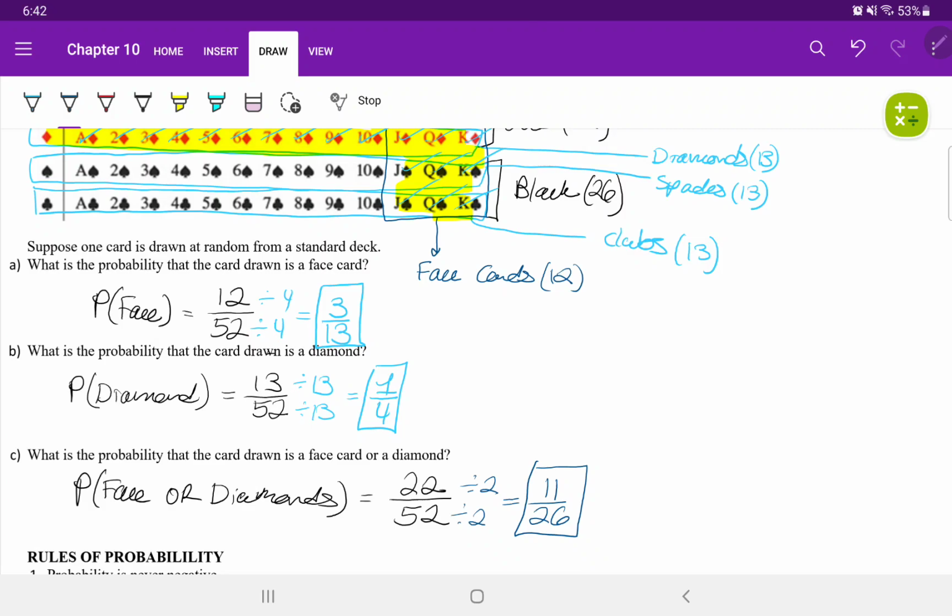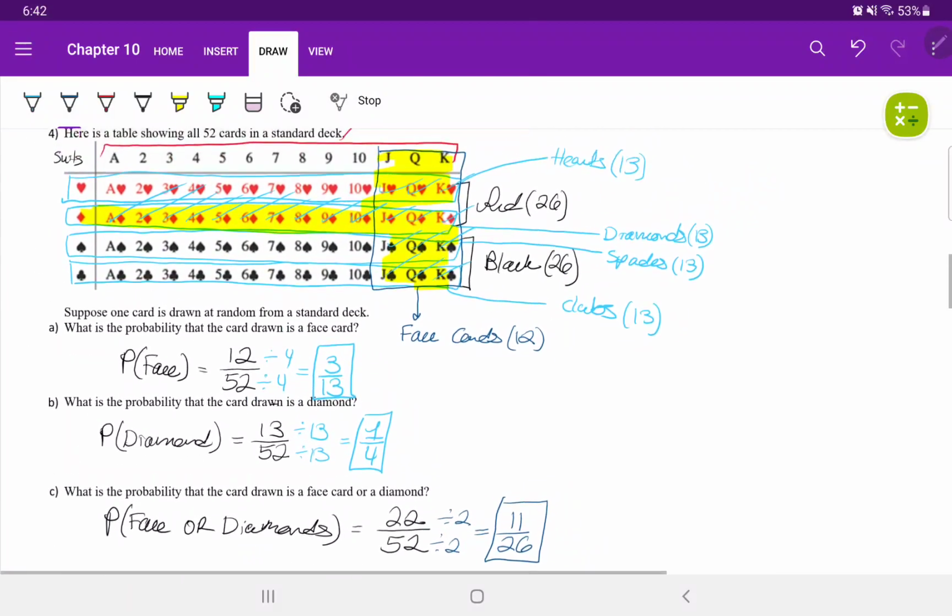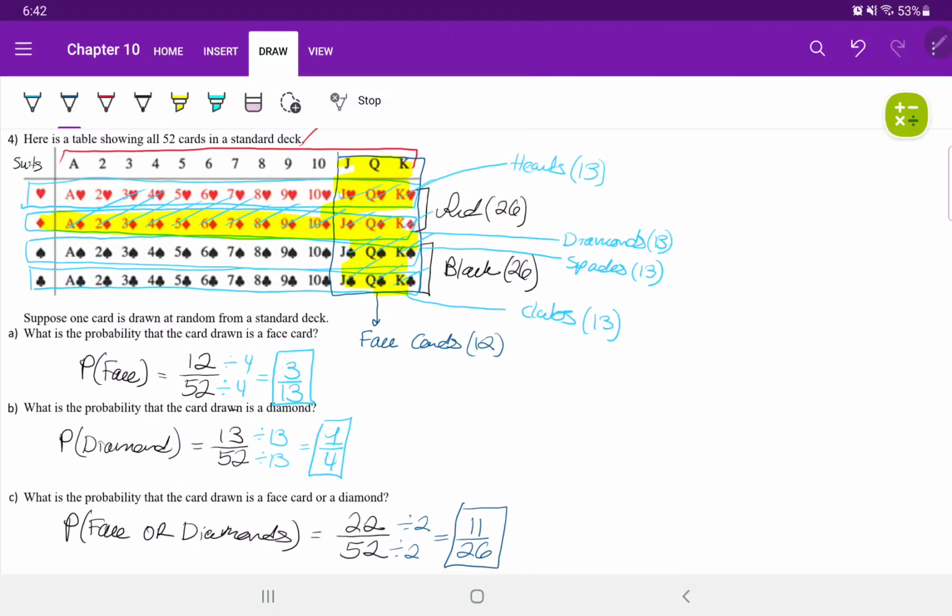So I hope you understand how to analyze our card sample space, and I hope you understand how to answer the questions below and to look at the third option. And the word or means to combine both together to make one overall, but do not double count.